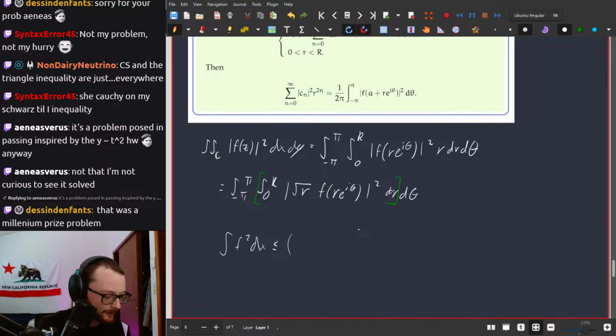I can't easily find a Cauchy-Schwarz example. I'm nervous I'm gonna mess it up. Oh no, never mind. I thought I could think of a place where I used it, but I think I used it wrong.